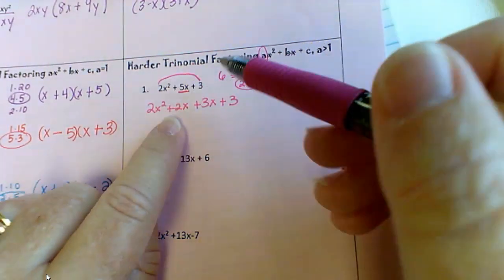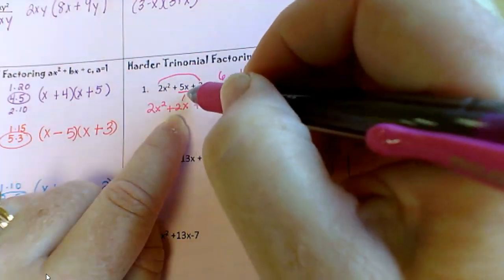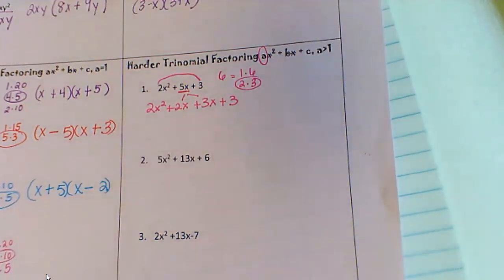So I replaced the 5 with the 2x and the 3x. Now, you could switch that order. You could put 3x first or 2x first. It doesn't matter what order you put those two numbers in, as long as you put them both in. It would work either way. I'll show you in a minute.